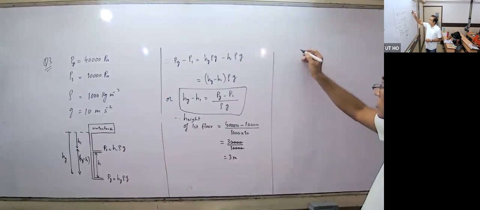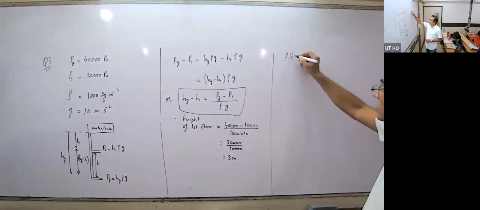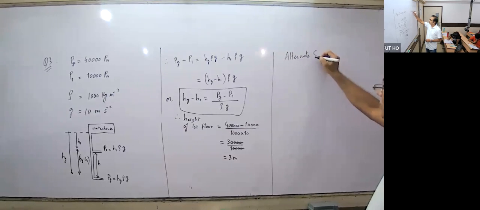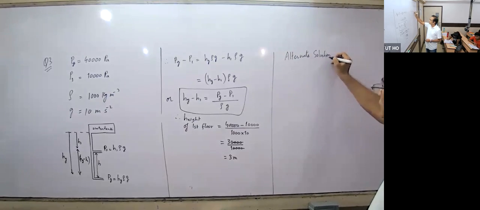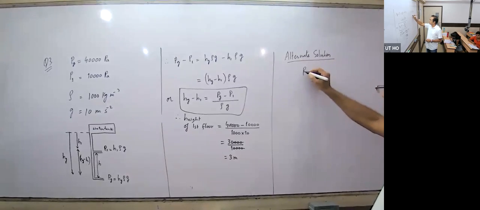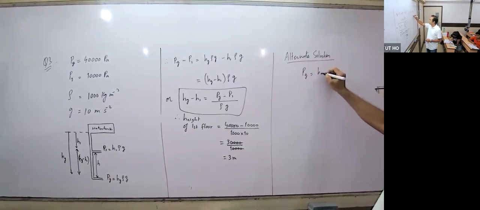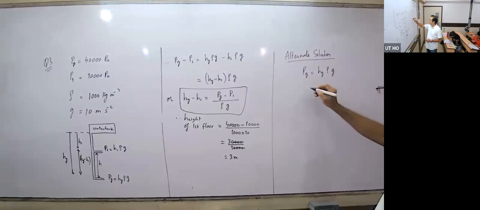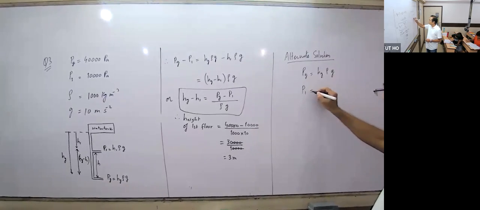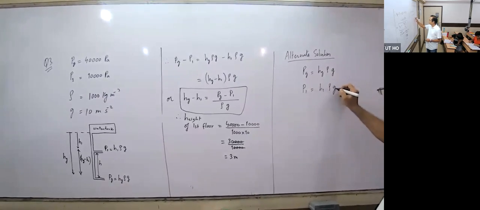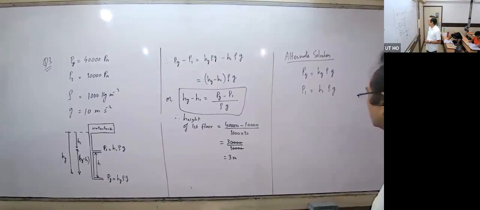So has everyone understood the alternate solution? Let's see. This is PG is equal to Hg rho G, right? And E1 is equal to H1, right?